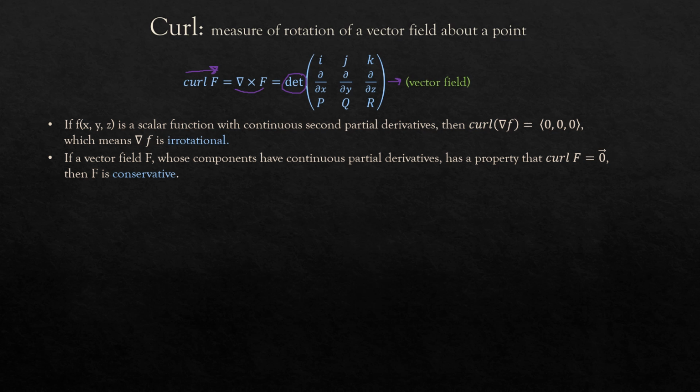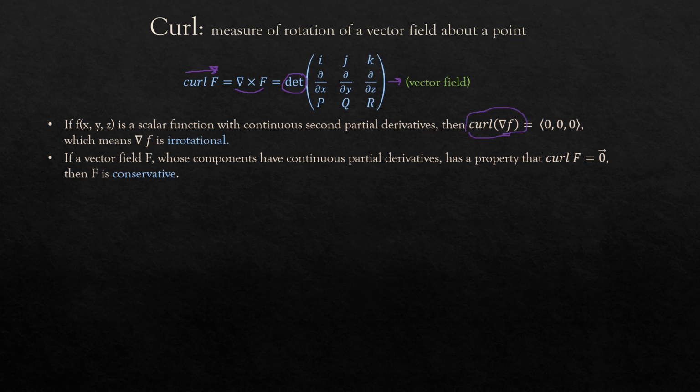Okay, a couple of properties that we can discuss briefly. So if we have f as a scalar function with continuous second partial derivatives, then once we compute the gradient, so this right here is the gradient of f, and then we compute curl of the gradient. So this is what it's saying.